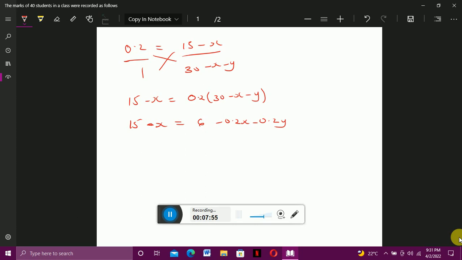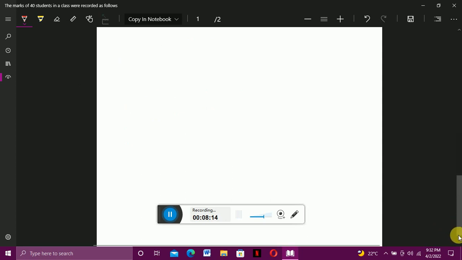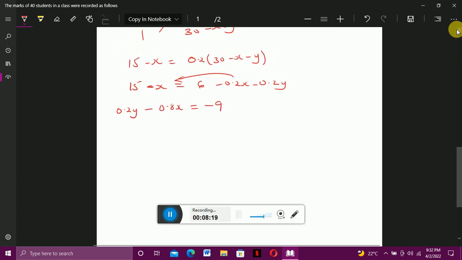So we have 0.2y minus 0.8x is equal to -9. Okay, so we can rewrite this as 0.8x minus 0.2y is equal to 9.